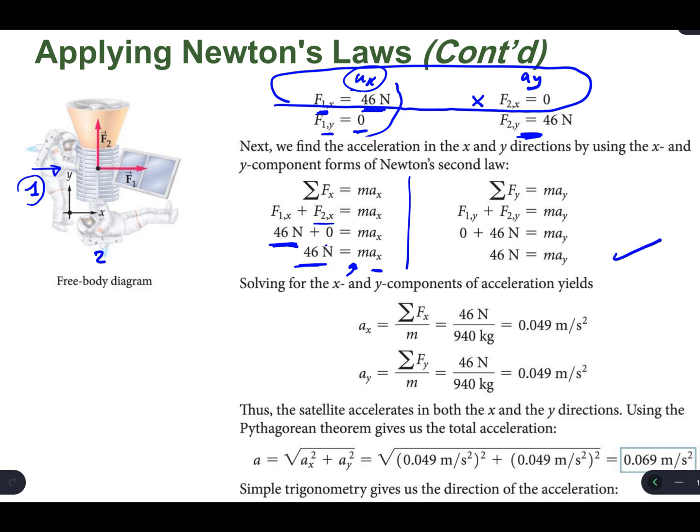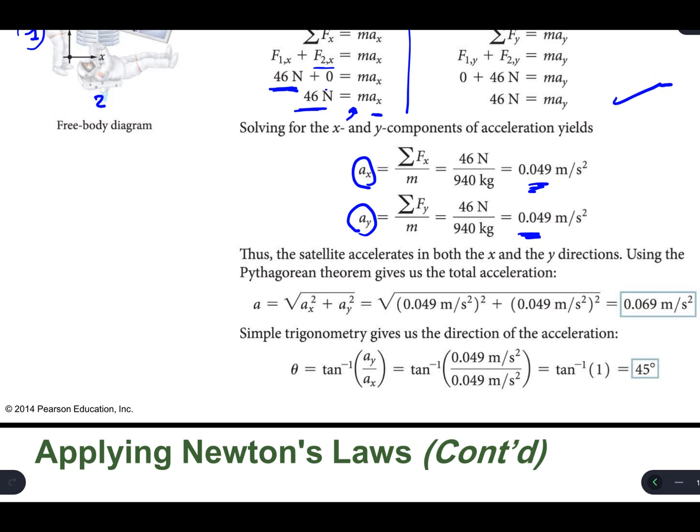And the same for Y direction. Because the force of the first astronaut exactly equals the force of the second astronaut, as you see, but one in X direction and the other in Y direction, the acceleration in X direction is the same as the acceleration in Y direction.